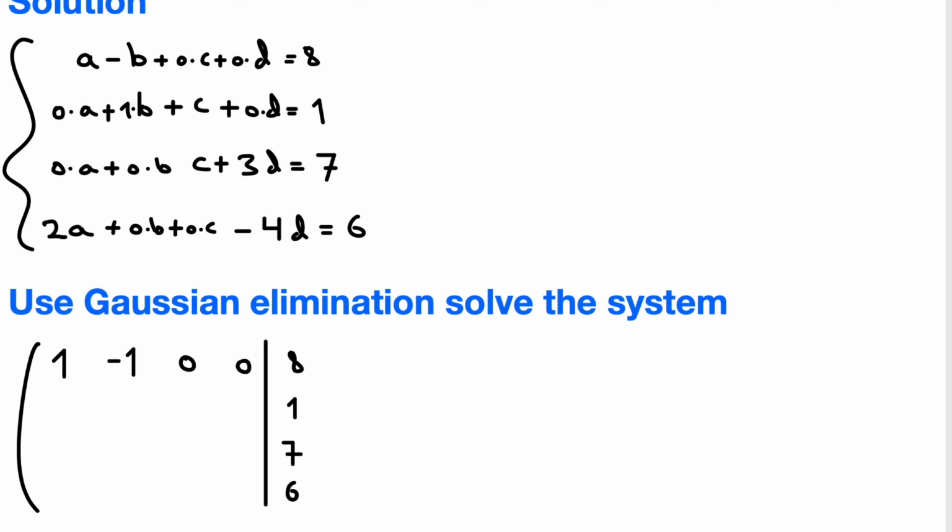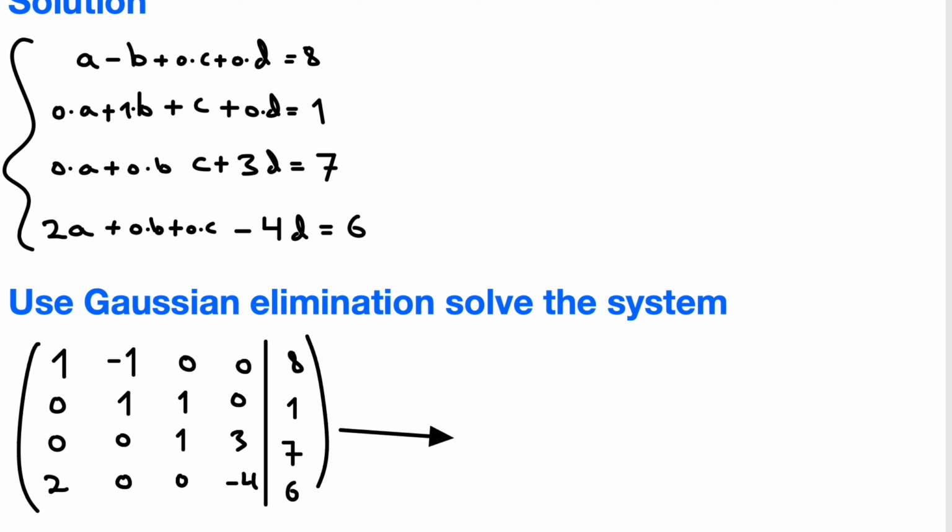And then we have over here 0, 0, 2, 1, 0, 0. So this is a fairly simple system. 1, 1, 0, and 0, 3, -4. And now I want a 1 over here, and we already have that, so that's good. I want these to be zeros, and only the 2 is getting in the way. So let's take care of that.